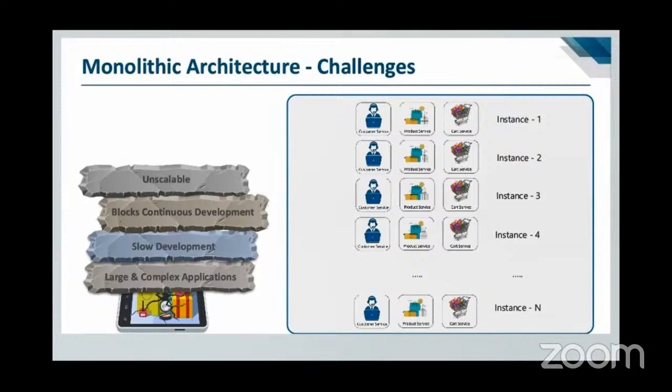Okay, so this is possible in monolithic architecture, but the problem is that you can't scale up the individual services, right? You have to scale up the entire application, right? So if only the customer service module has to be scaled up, there is no provision. You have to scale up the entire application containing all the code of the three components, right?